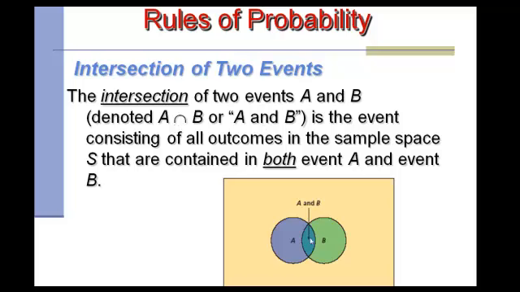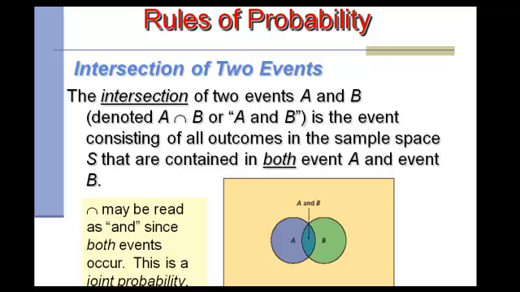Intersection, think and. They both occur. Both A and B occur. So we're talking about just this region in the Venn diagram. It's also referred to as a joint probability, meaning you have A occurring and B occurring simultaneously.